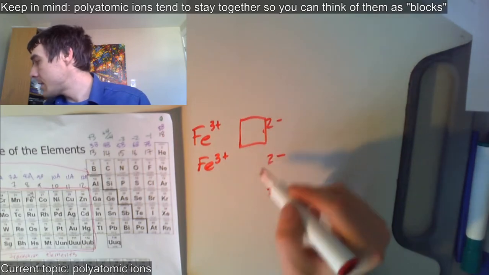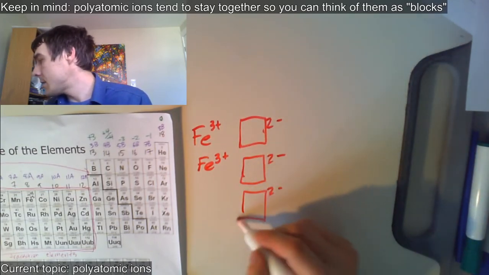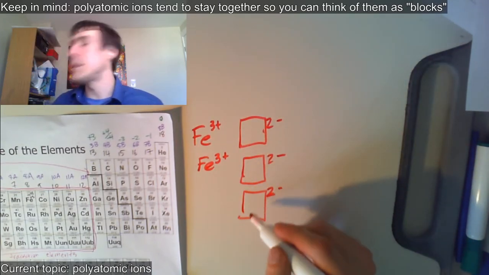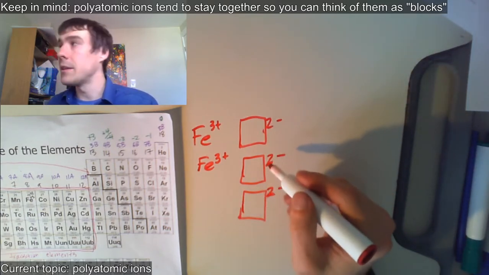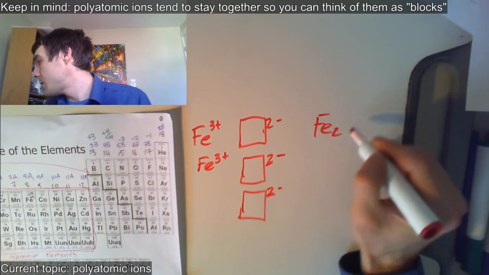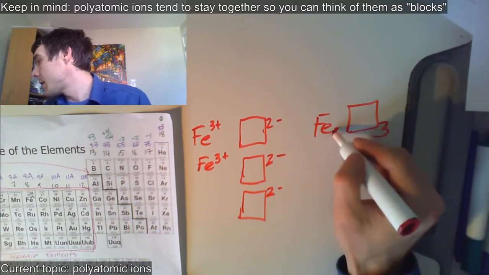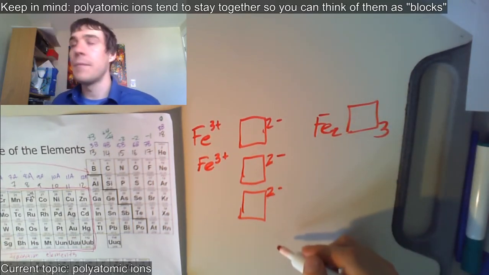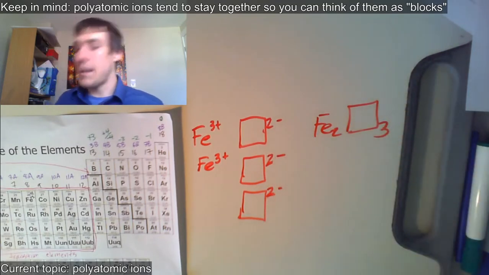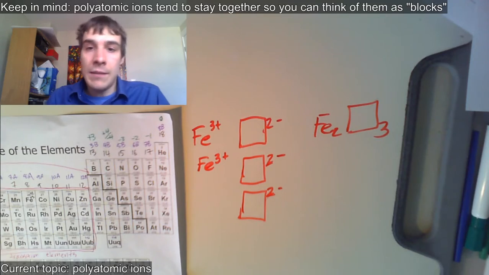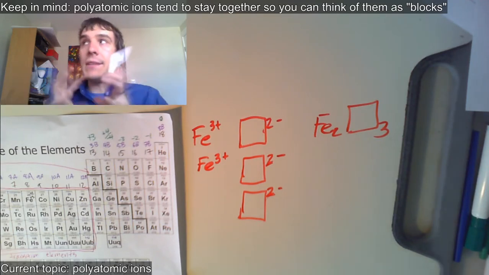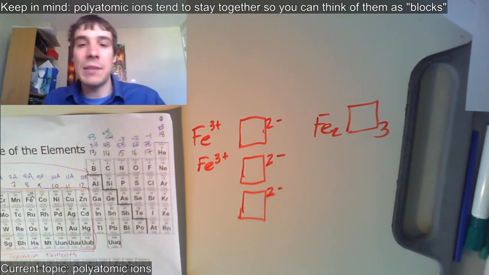So oxygen 2- is an option, but anything that has a -2 charge would have the same kind of formula, right? It'd be Fe2 something 3. And as it just so happens, there are certain collections of non-metals that have a tendency to stay together and to be blocks.